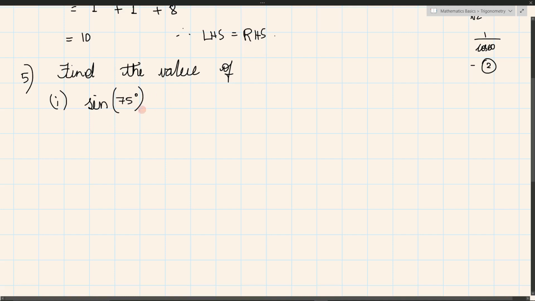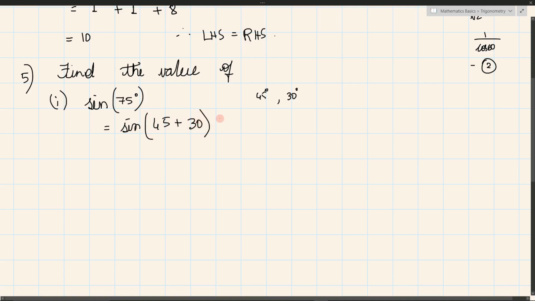We do not know the value of sin 75 degrees, but we know sin of 45 degrees and sin of 30 degrees. By this combination of two angles we can find the value of the unknown angle. So we can write 75 as sin of 45 plus 30.